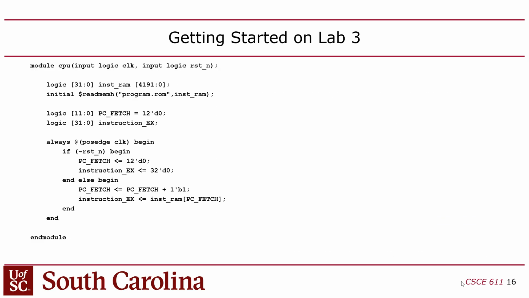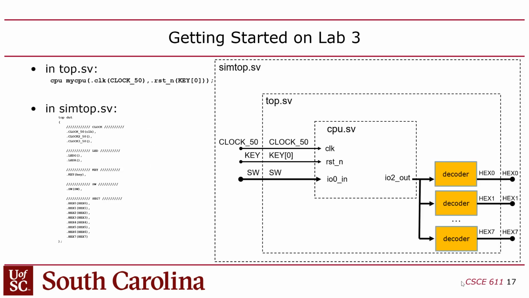Basically, if you look in the skeleton, your CPU skeleton has, I think, 4 total SystemVerilog files to begin with. There's a sim top and a top, which you guys have seen, right? So sim top is the test bench, and top is the top level thing that goes on the FPGA. That's your FPGA design, top.